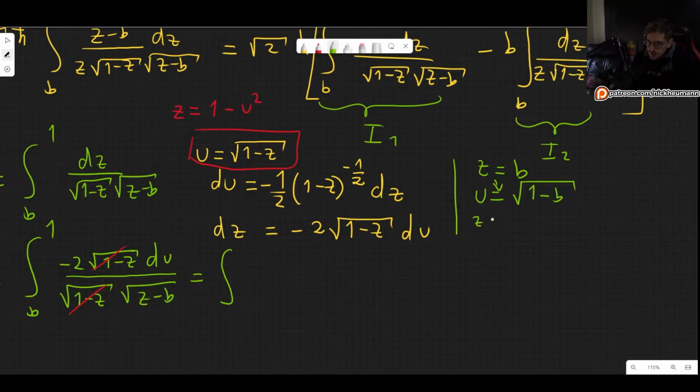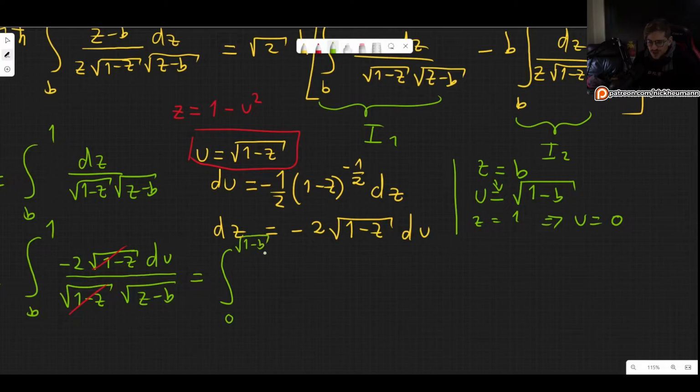And if z used to be 1, then we get that u is 0, right? U is 0 because, yes. Okay, so basically we're integrating from 0 to the square root of 1 minus b.